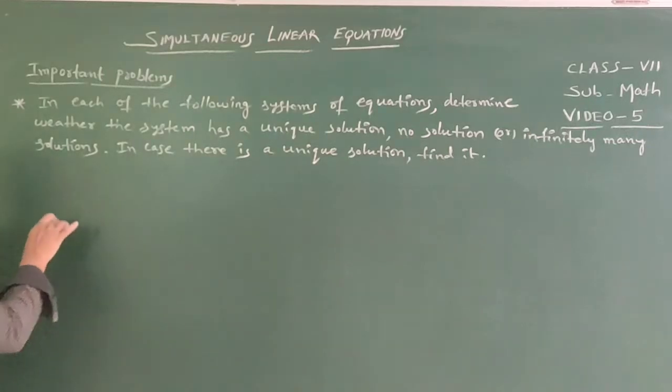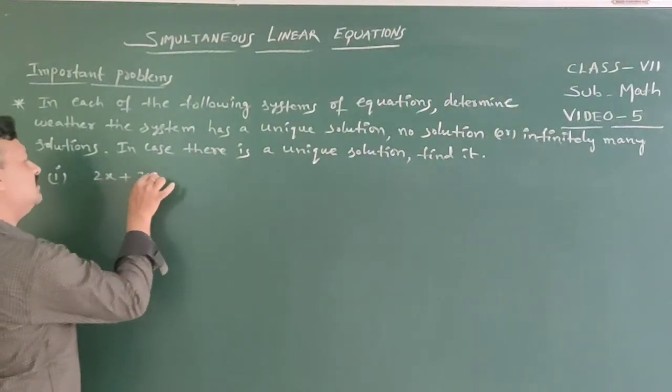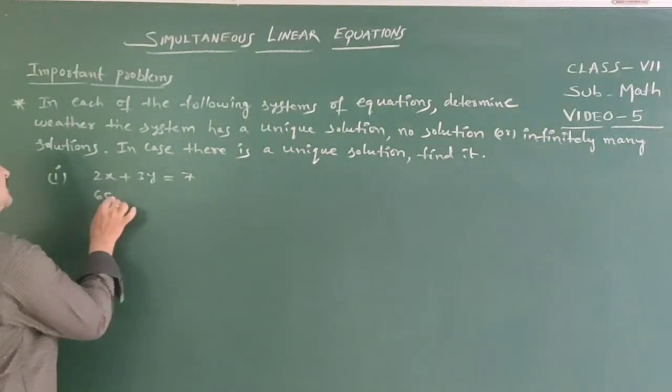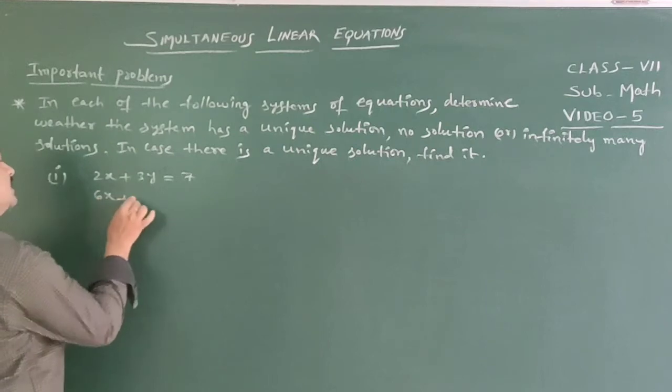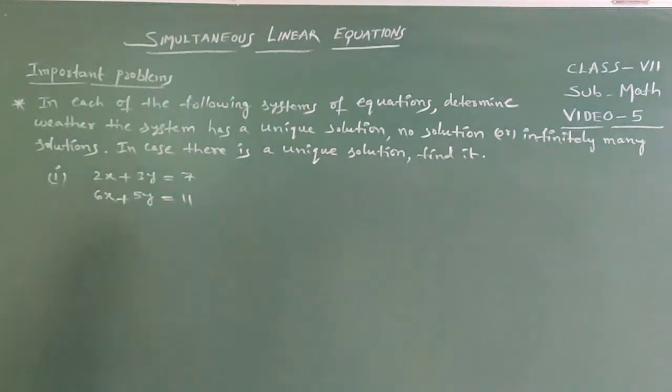For example, here the first one: 2x plus 3y equal to 7, 6x plus 5y equal to 11.